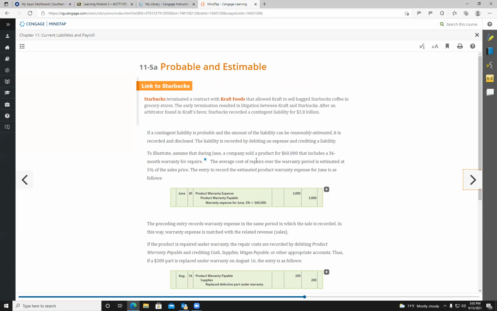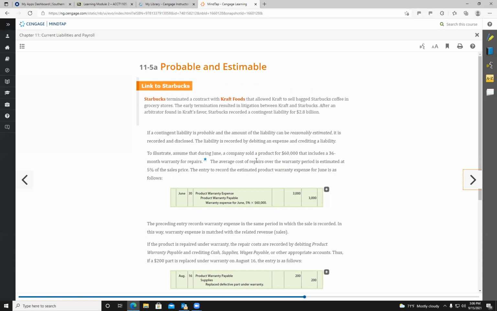So to illustrate, assume that during June, a company sold a product for $60,000 that includes a 36-month warranty for repairs. The average cost of repairs over the warranty period is estimated at 5% of the sales price.